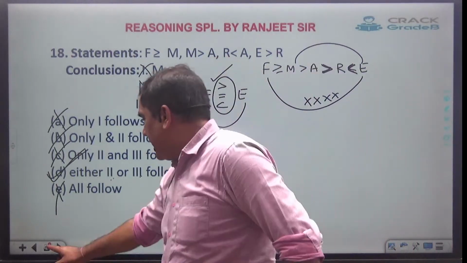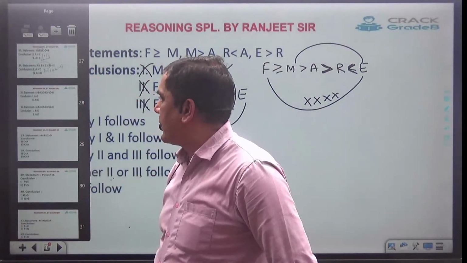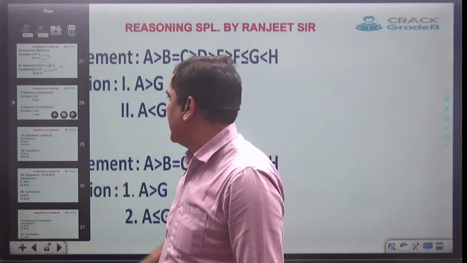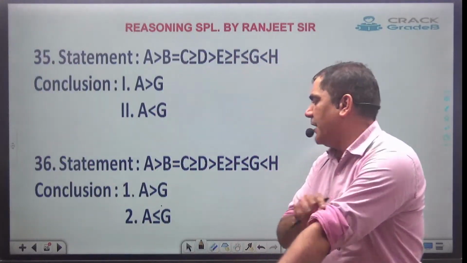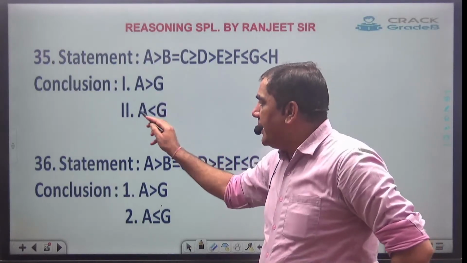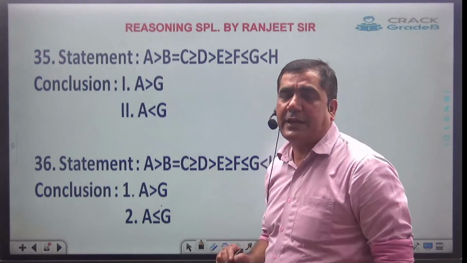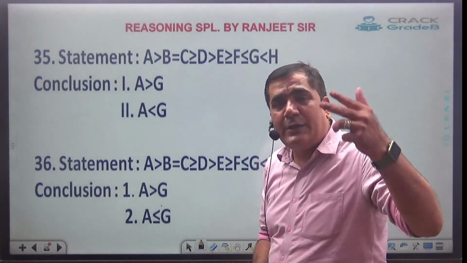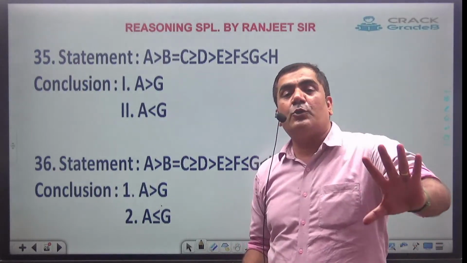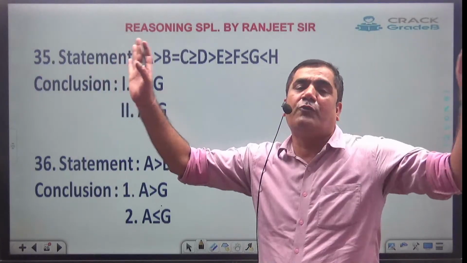Okay, so in today's class, we have understood the concept of either or. How to get the answer for either or, this we have understood in today's class. Just see this one. See here, AG, they have given first faces towards A, second faces towards G. Since they are using only 2 faces, and out of the 2 faces, since equal to is not there, no need to go for either or.